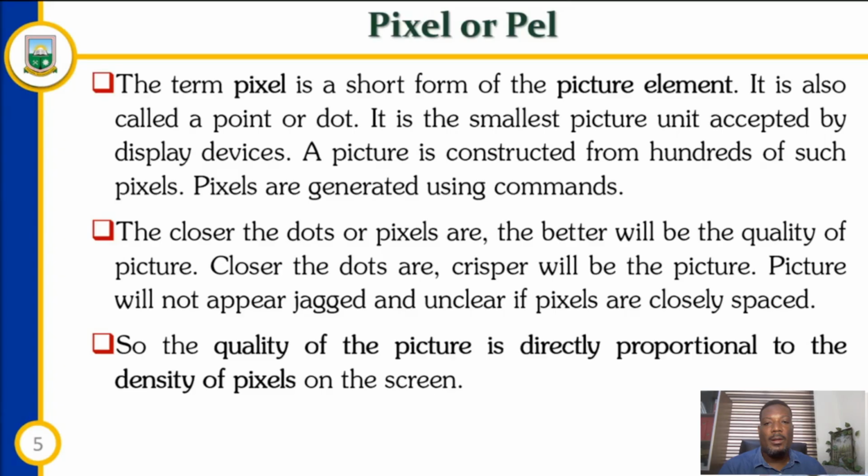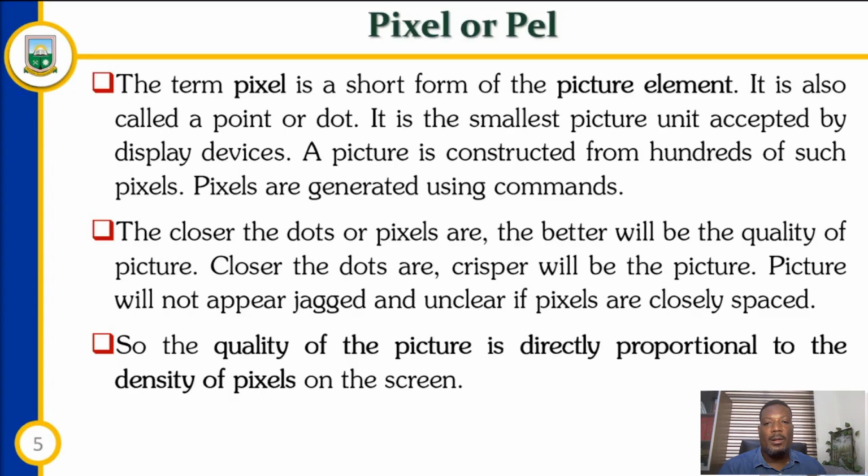Now, you should also know that the quality of a picture is generally directly proportional to the density of pixels on the screen. So if we have a very good picture, then it's very likely that we have a lot of pixels coming together to form this quality.